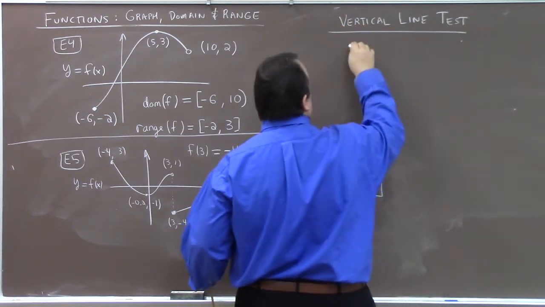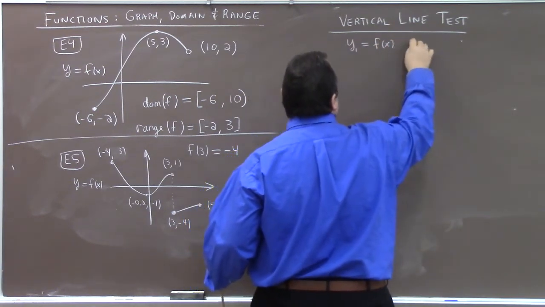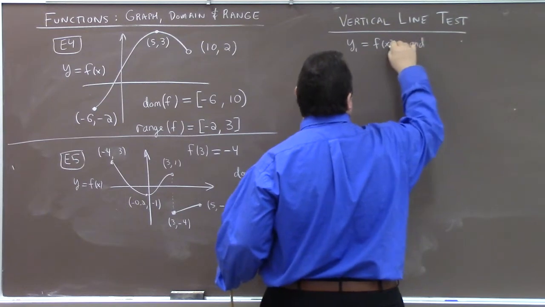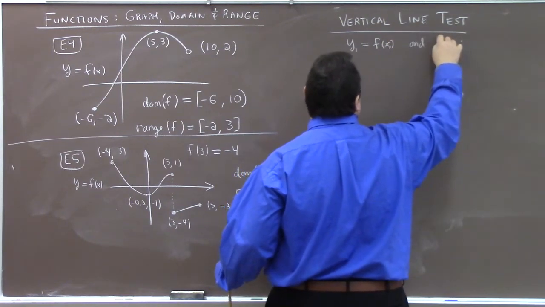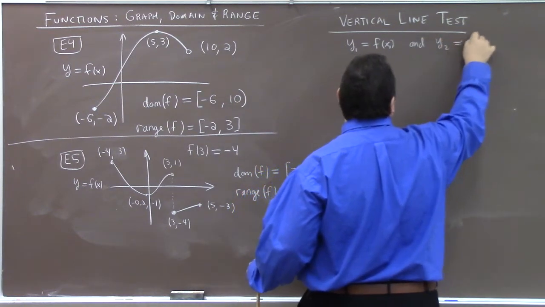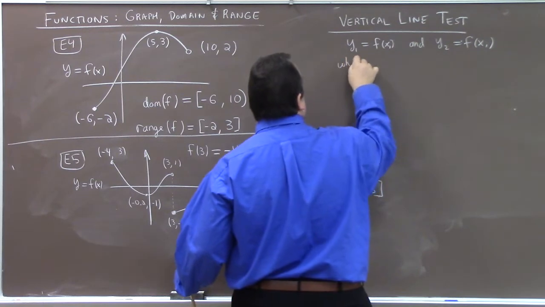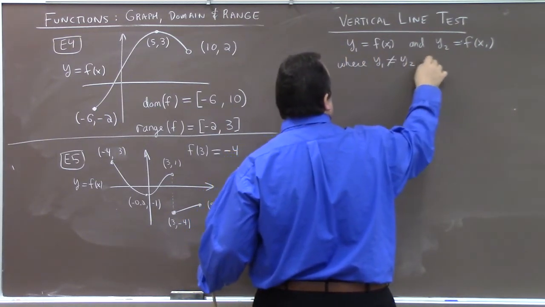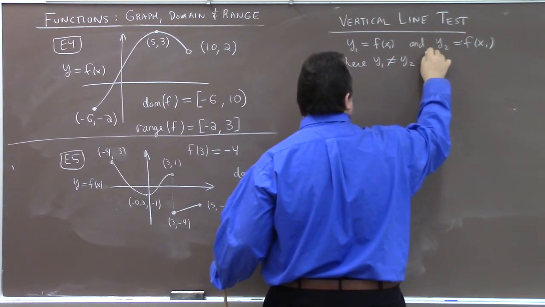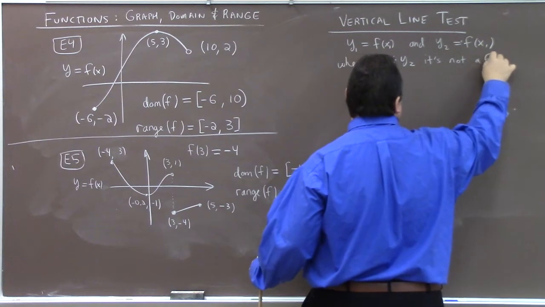If you have y1 equals f of x1 and y2 equals f of x1, where y1 is not equal to y2, you're in trouble. It's not a function, because it wouldn't be single valued.